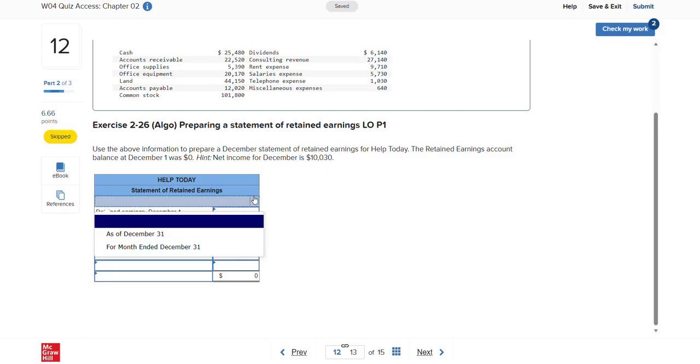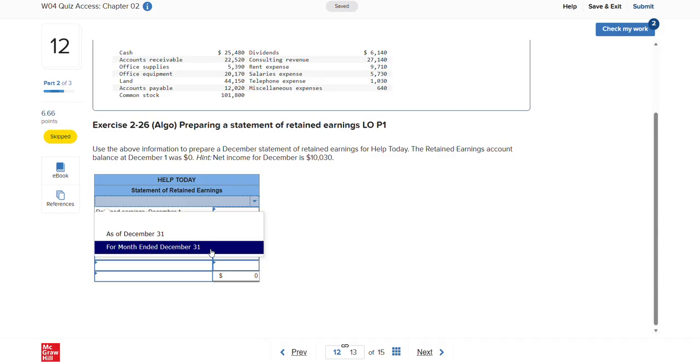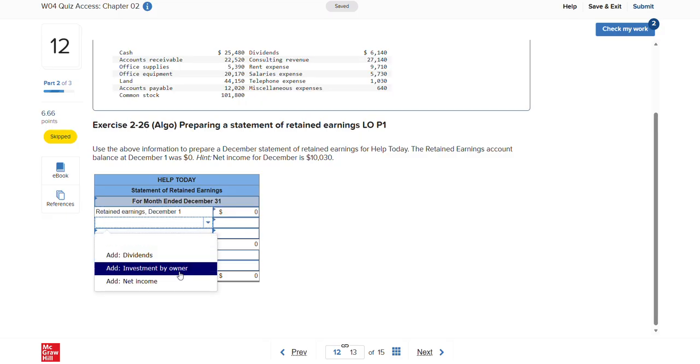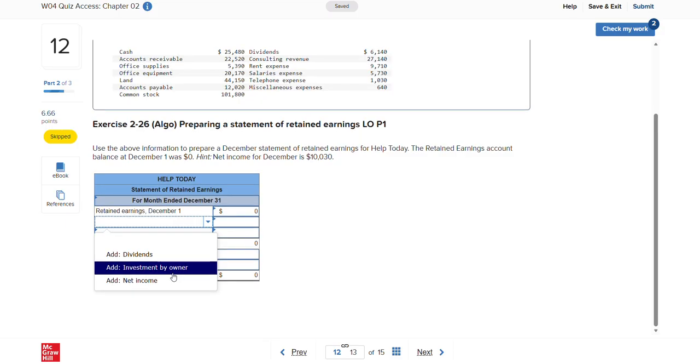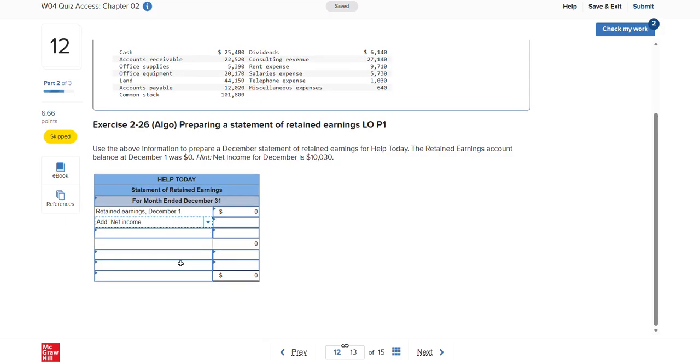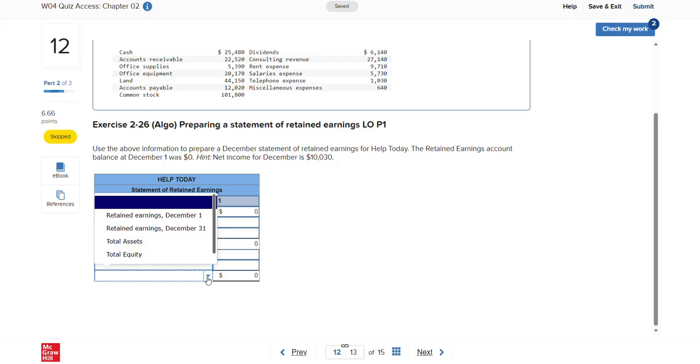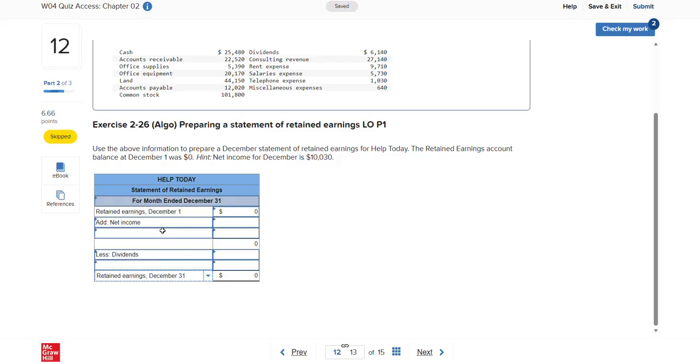So we're looking for the month end retained earnings. The equation to find the ending balance is getting the beginning balance, which was 0, adding net income, and then you subtract dividends. That will give you your ending retained earnings for the month.